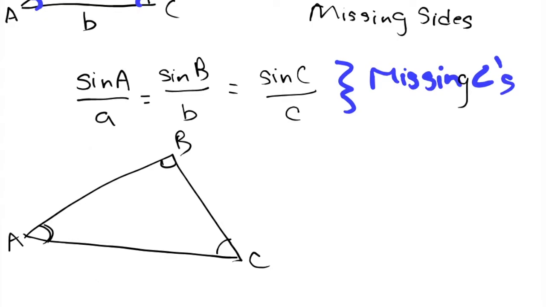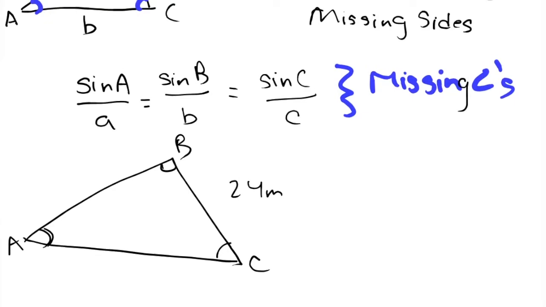Let's say for example side BC is 24 meters, and side AC, I'm looking off my textbook over here, side AC is a variable. We don't know how big that side is in meters, so we'll call it X. But we do know that side AB is 16 meters.